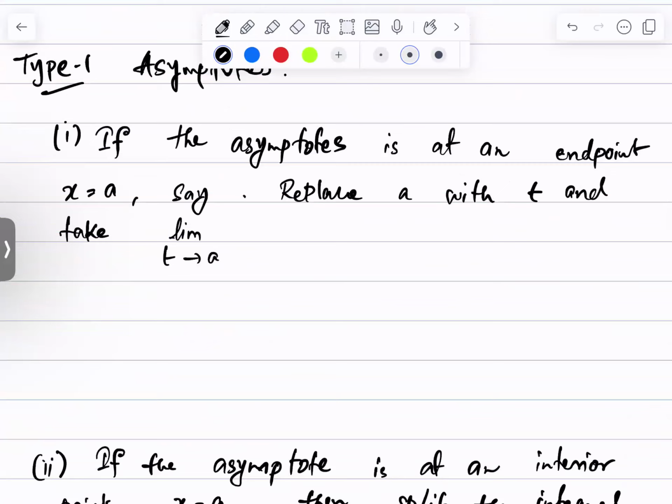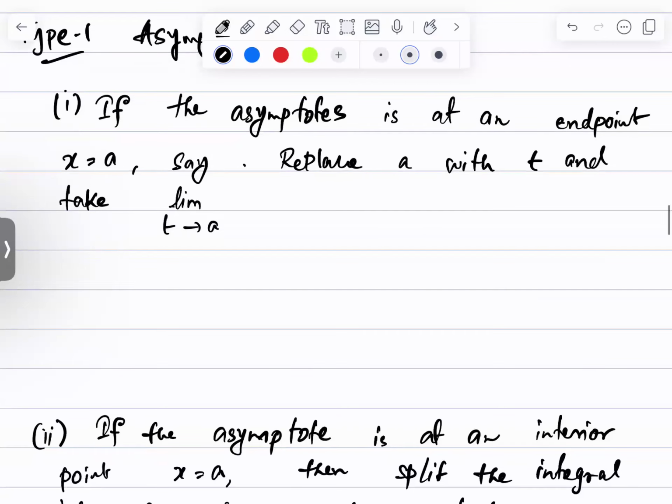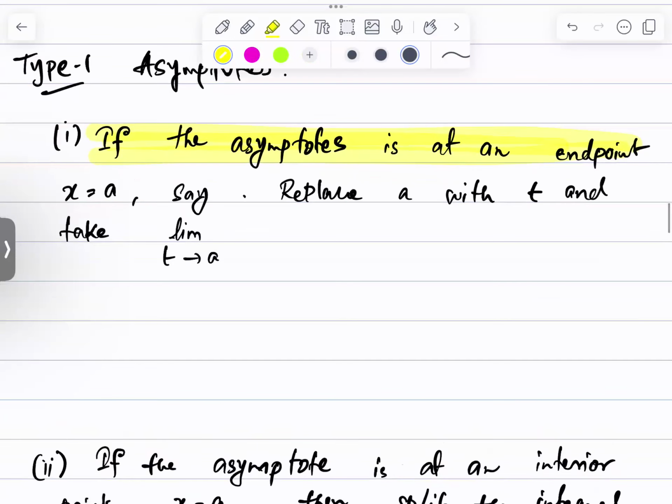Okay. So it says that if the asymptote is at an endpoint, vertical asymptotes can be of two types.